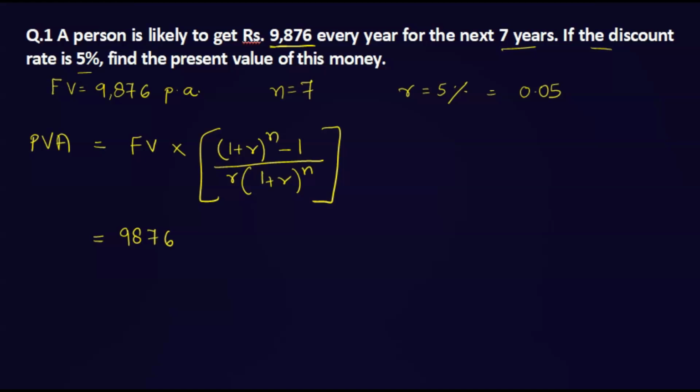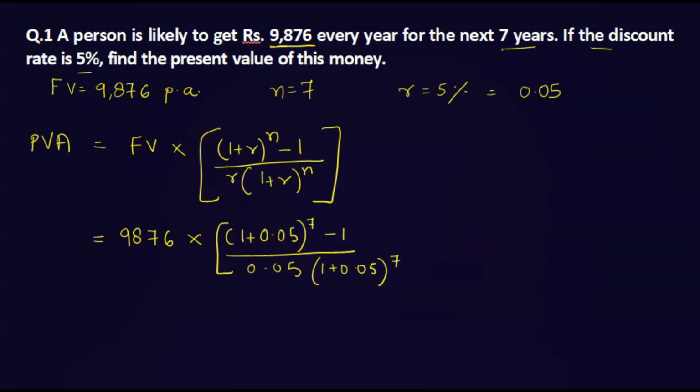The same amount is to be received every year. Here 1 plus r is 0.05 to the power n is 7 minus 1 divided by r is again 0.05, then 1 plus 0.05 to the power 7. 7 years, so n is 7.